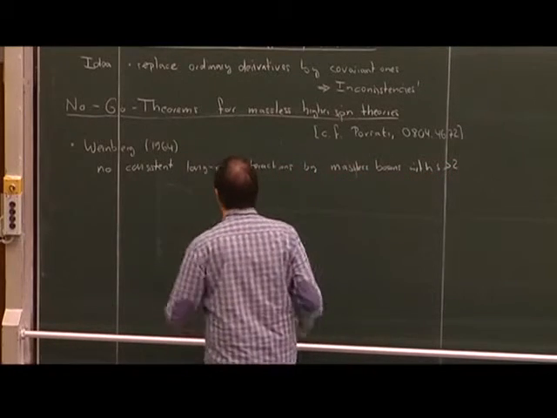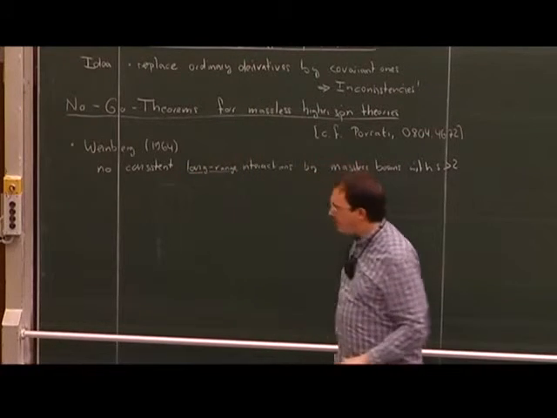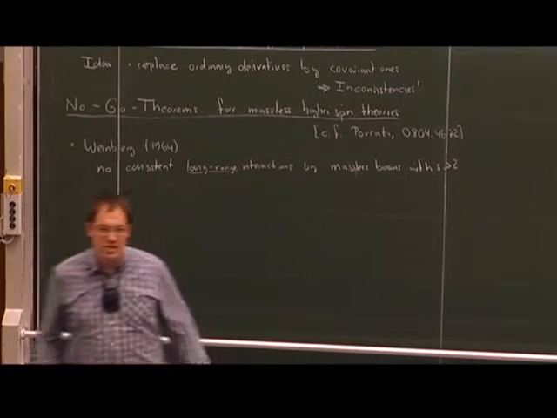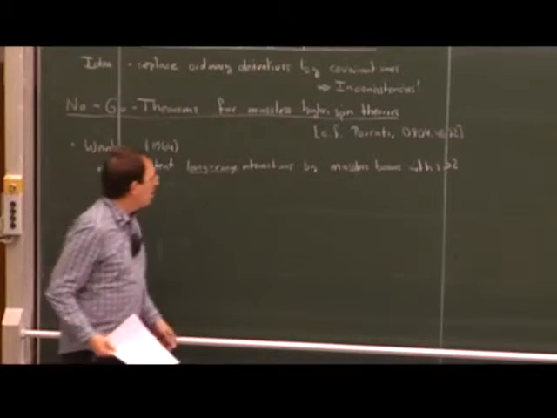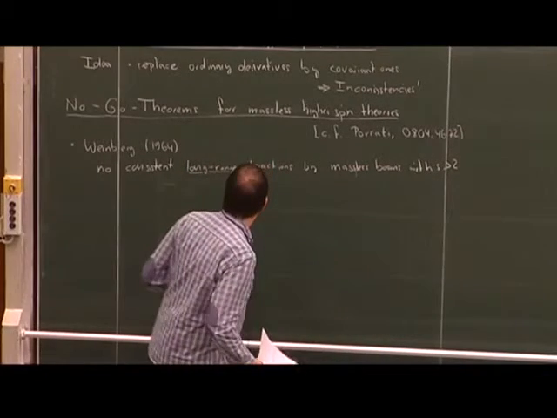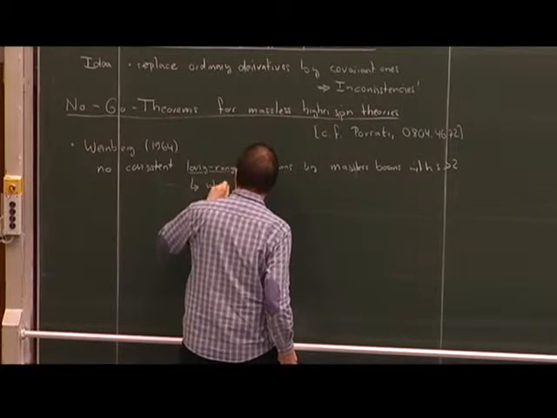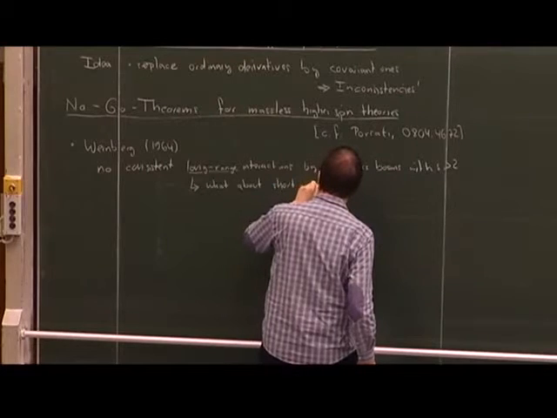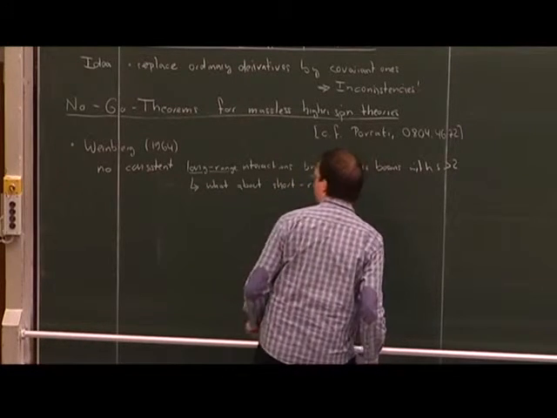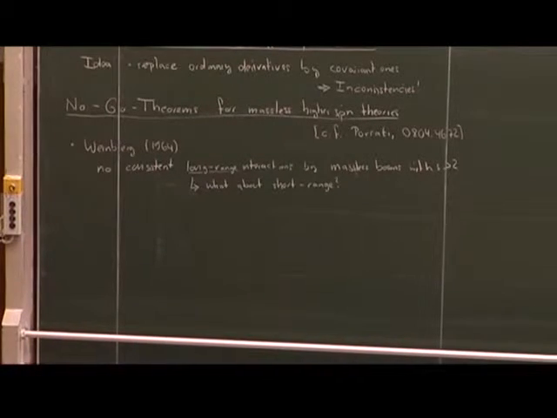And of course, the important word here is long range. You can evade his no-go theorem by just assuming that these higher spin interactions are short-ranged. And then the statement of Weinberg cannot be proved for short-ranged interactions.